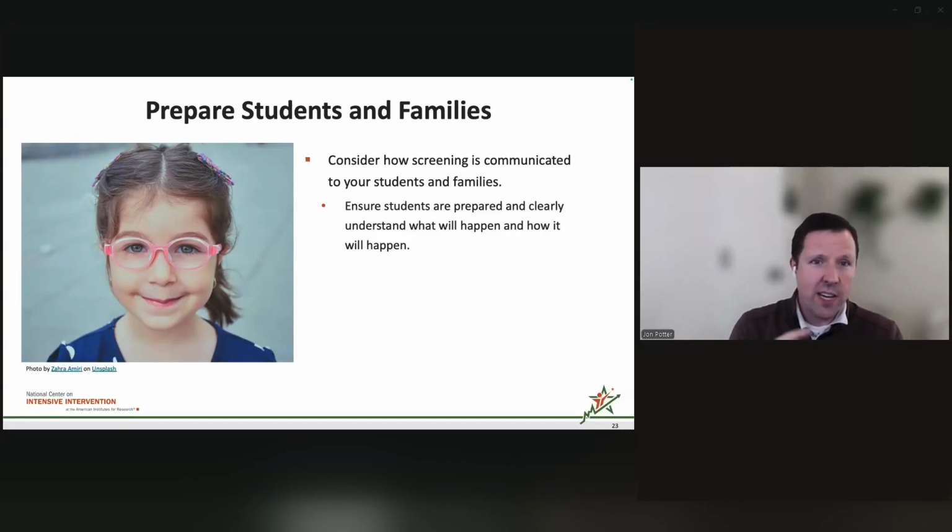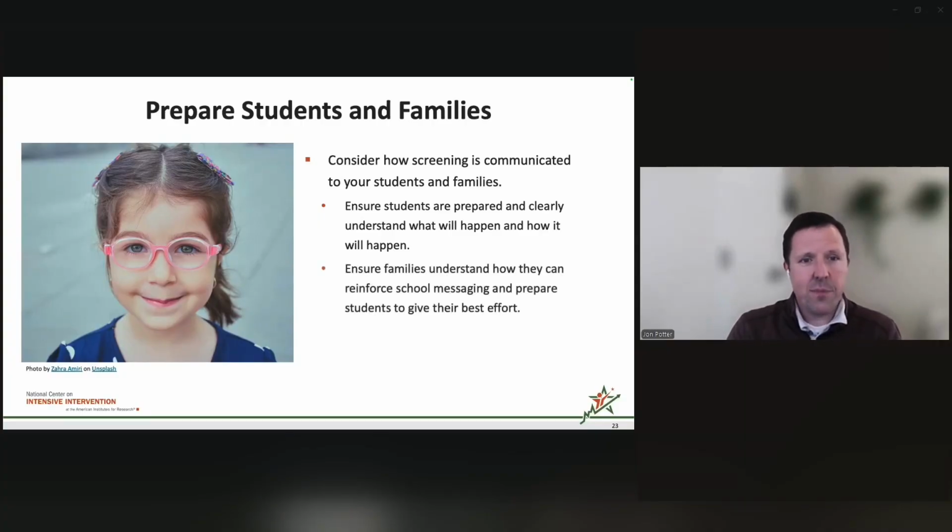So making sure kids have a good breakfast, a good night's sleep, understand that they're just going to be reading some passages or saying some words. You want to be very clear about what this is so everyone can ensure that kids are going to give their best effort. And so how can families reinforce that message that you provide to their students while they're at home. So you want to make sure that you're communicating that clearly ahead of time to students and families.